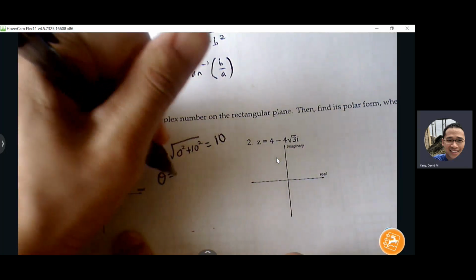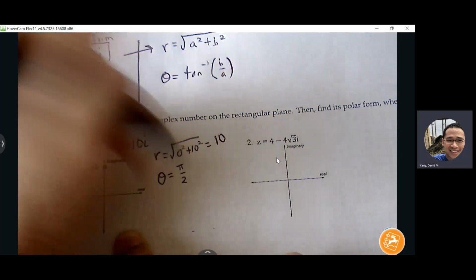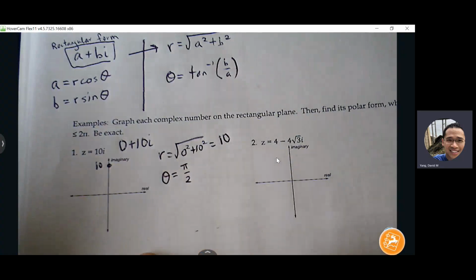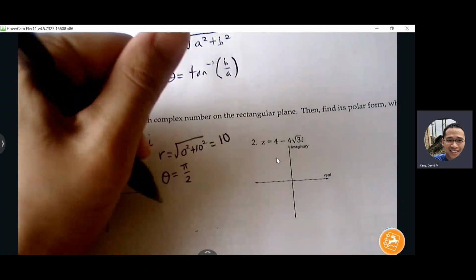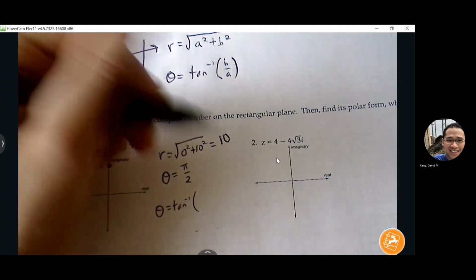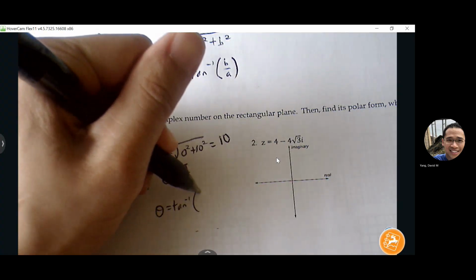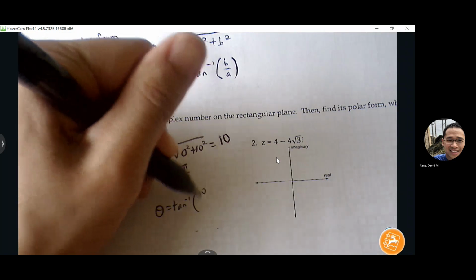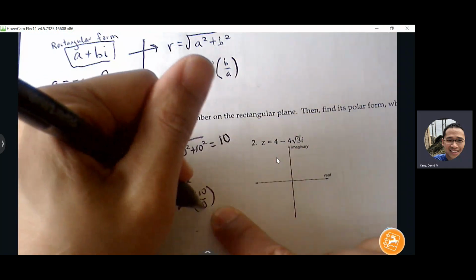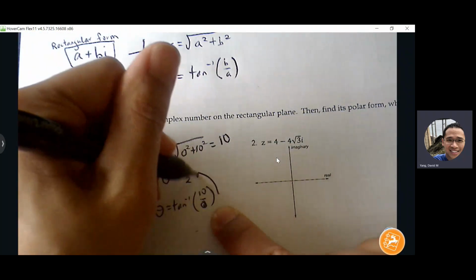Theta is just pi over 2. You can go through inverse tangent, but it's easy to tell just by looking at this, right? It's 90 degrees or pi over 2. You're not going to be able to do it algebraically because it doesn't exist, but we know that it's pi over 2.